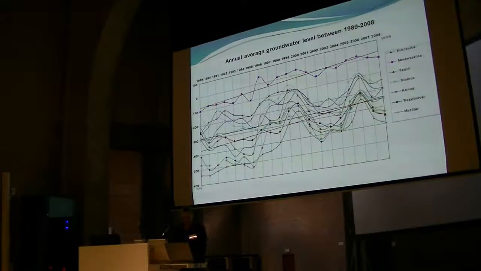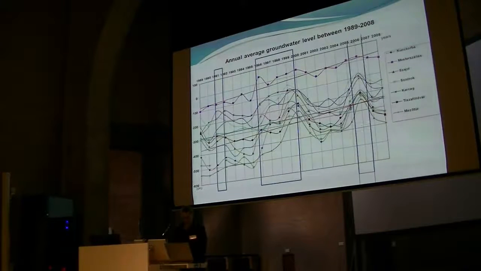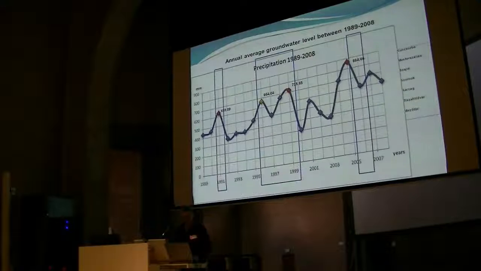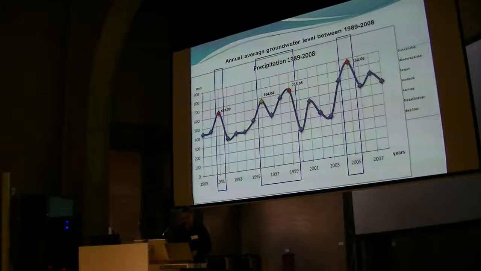And we can separate three periods with higher groundwater level. And of course, if we check the precipitation data of Hungary, they are in very significant connection, because the precipitation maximums were in the same period.